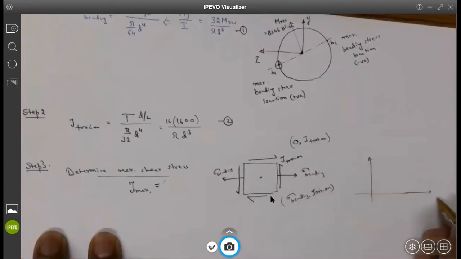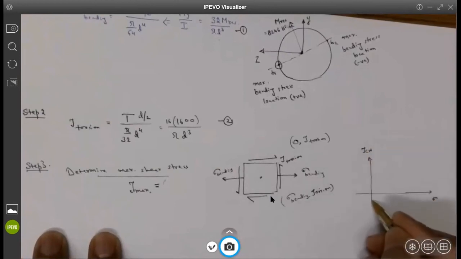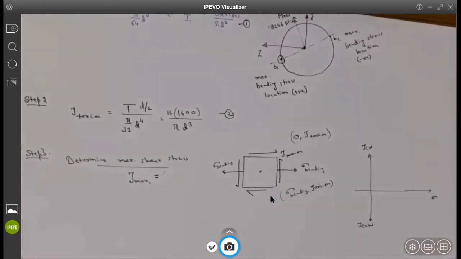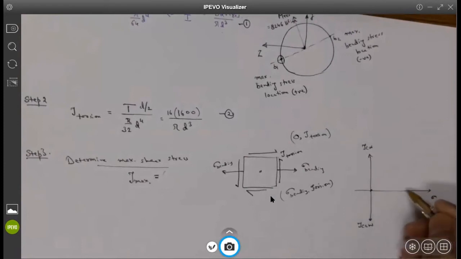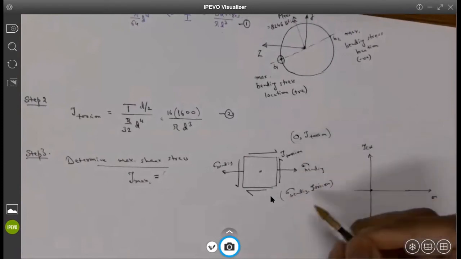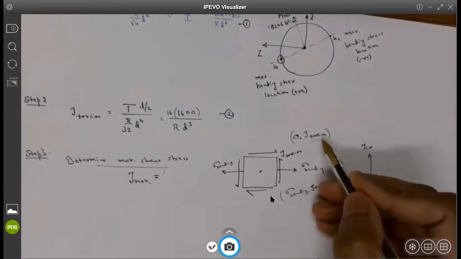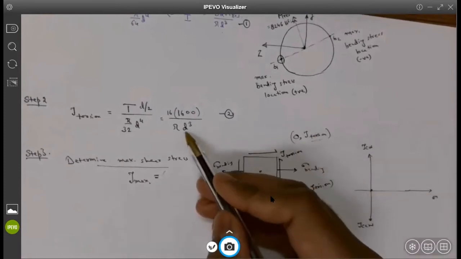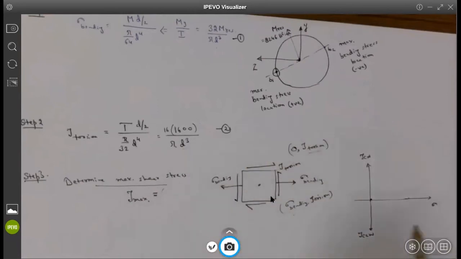Otherwise, I cannot draw anything in here, right? If you remember the Mohr's circle concept, we basically need to mark the 2 points. I don't know what this value is. Why don't I know? Because I have an unknown diameter at this point. Are you guys following what I'm trying to say?